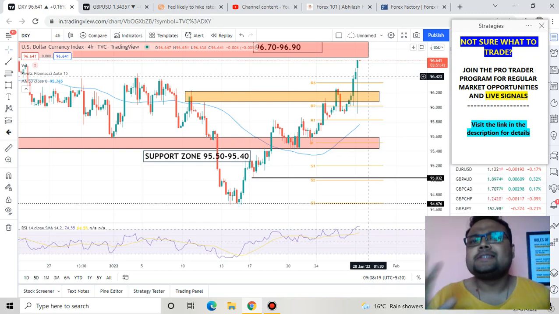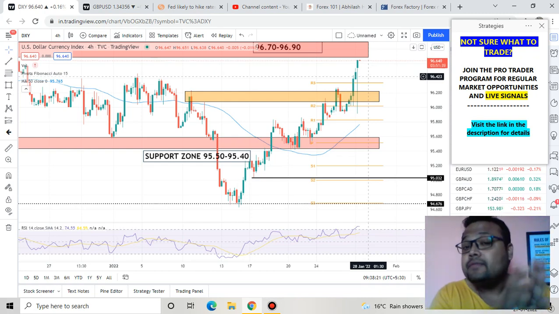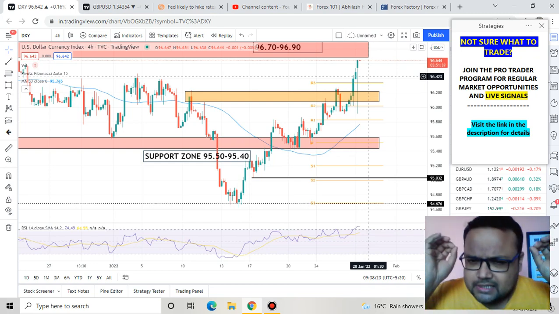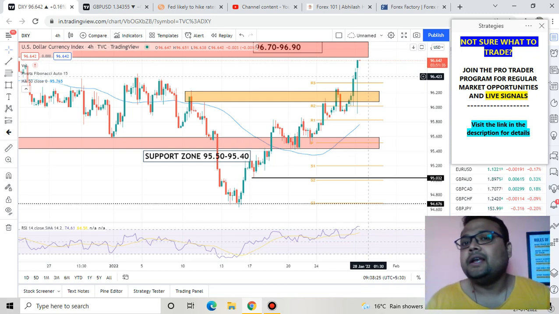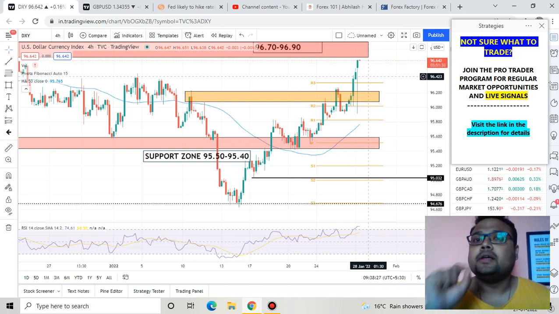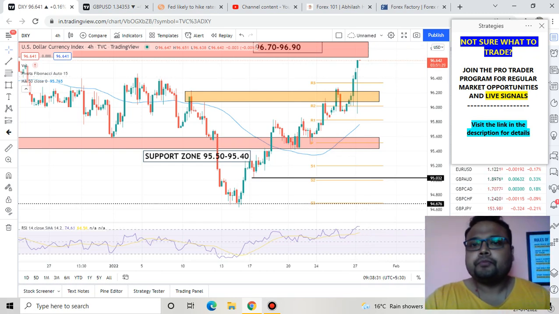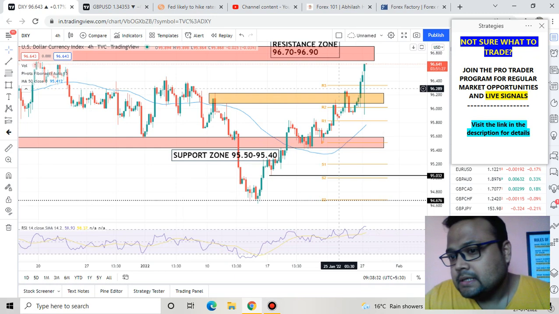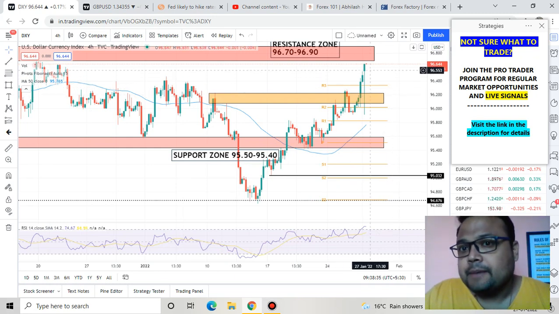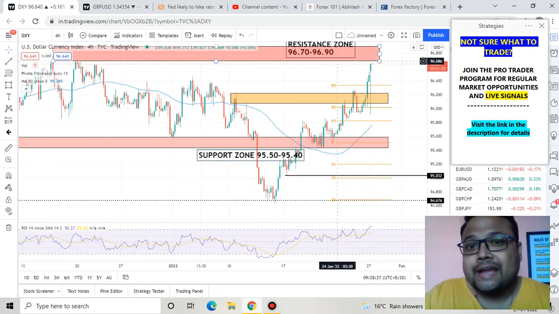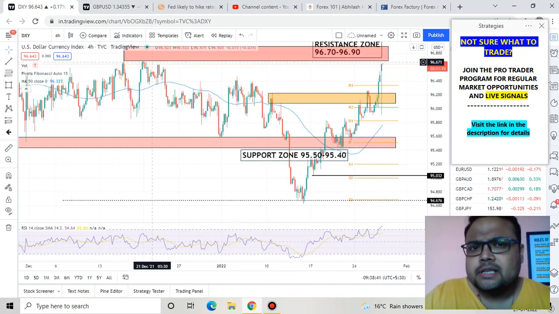But whatever it is, after the news there is huge volatility in the market, and dollar is very bullish right now. Just keep in mind one thing: dollar is bullish, but it is approaching the resistance zone of 96.70 to 96.90. This is a very strong resistance for the market.